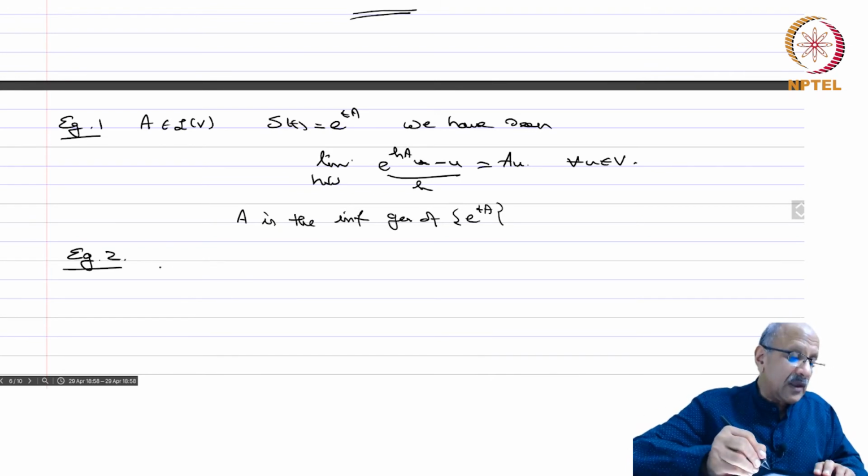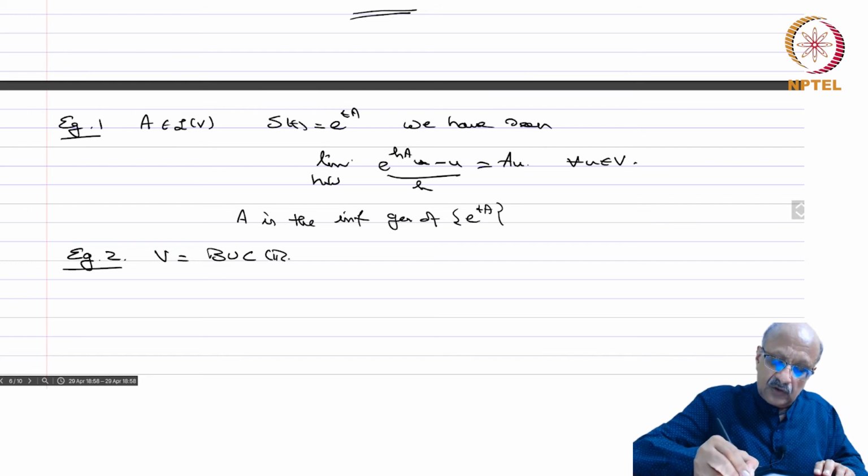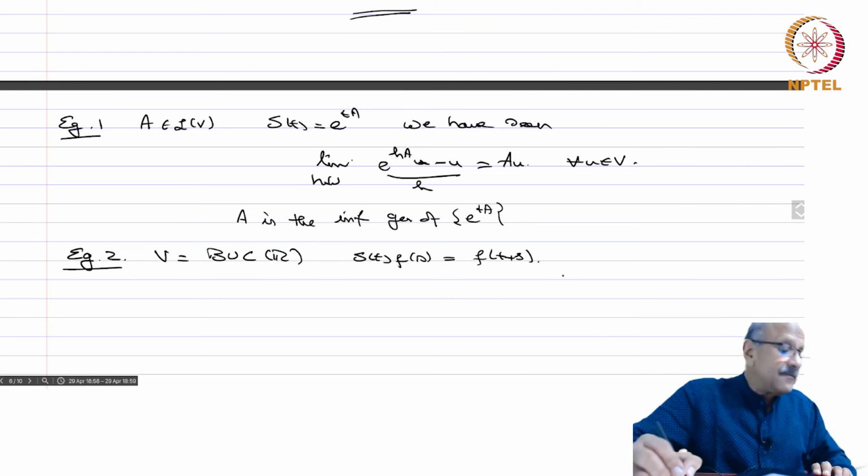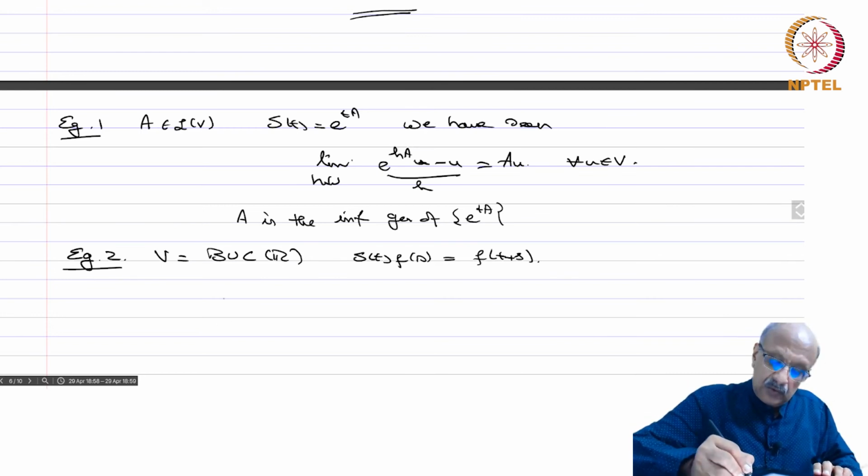So let V as usual be bounded uniformly continuous functions on R, and S(t)f at s is f of t plus s, the translation semigroup. So you translate by t. Then suppose f belongs to D(A).